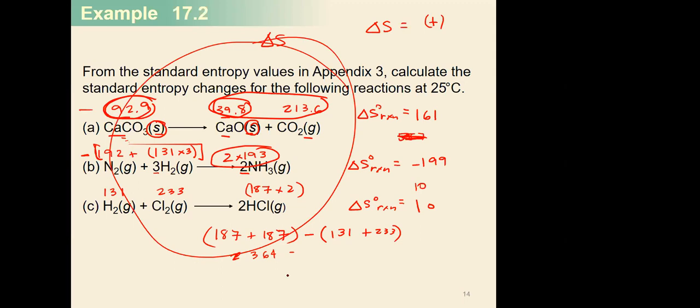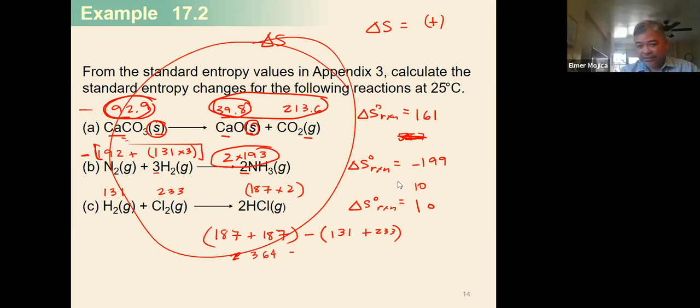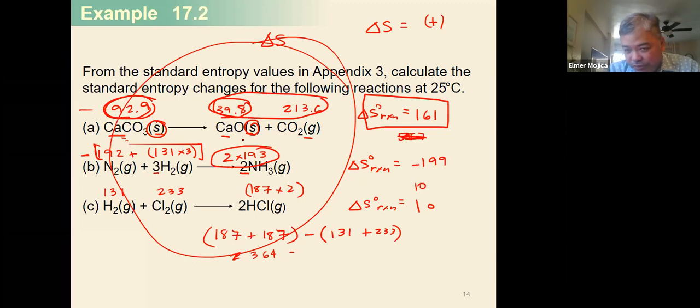No. So we could just say that all the delta S values of a given compound or element are positive. Now, when you add them or subtract them, the value that you get can either be positive or negative. So what does it tell us? What does the 161 tell us here? Does this system become more ordered or more disordered?